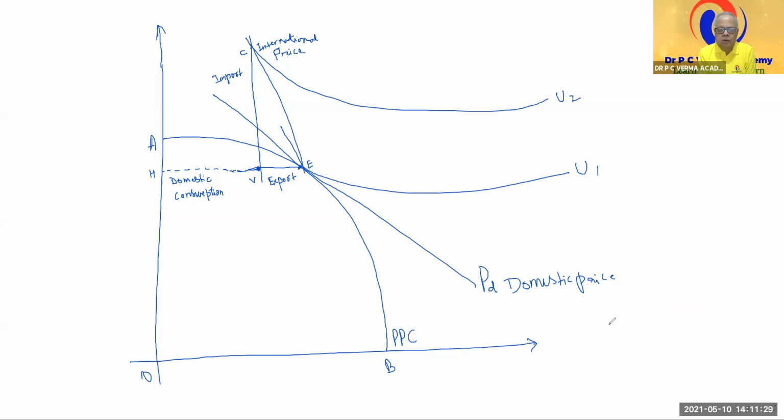This is wine. E is the point of domestic equilibrium.